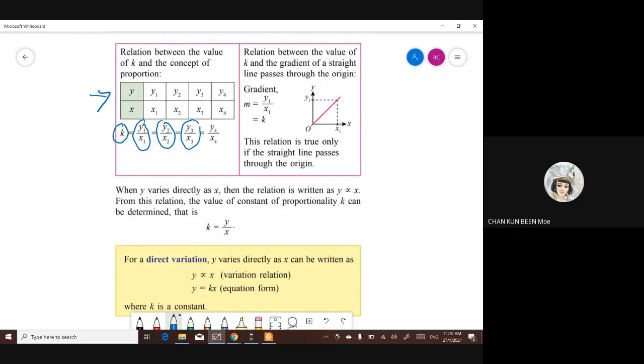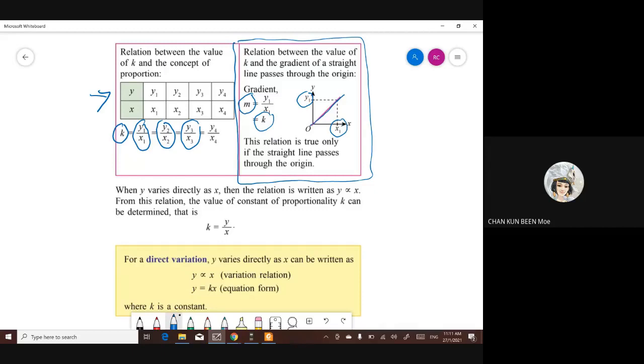Okay, so also the same thing if you look at the right part here. Look at this. The relation between the value of k and the gradient of a straight line passes through the origin. Gradient is m. We have learned this before, right? So you can see it is y over x1. So the value is also a constant. So it is k.